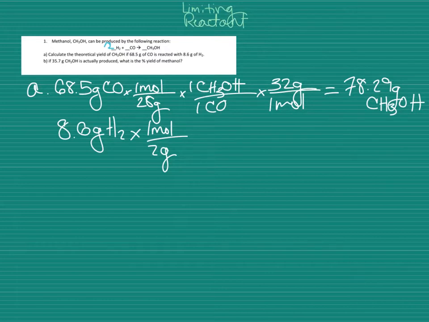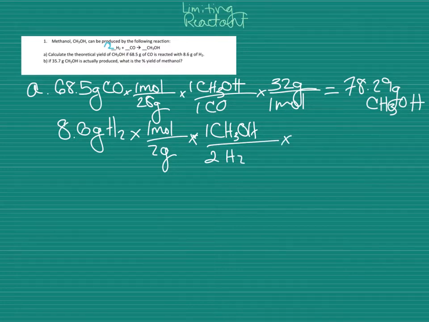So you could try and simplify those and combine them into a single step, but I don't. But, you know, do whatever works best for you and the way your brain works. That is fine. So we have 1 methanol again, but this time we have 2 H2s.